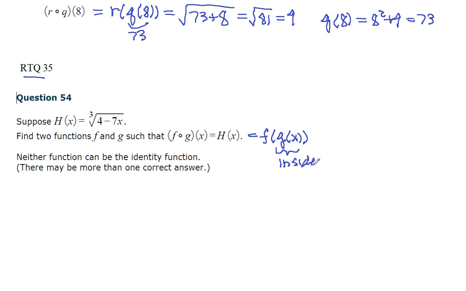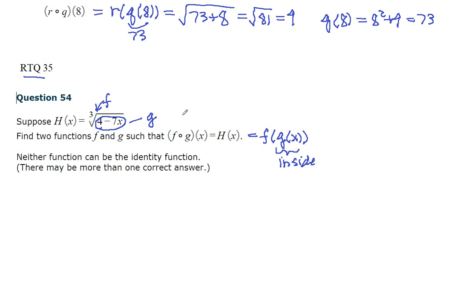And that's the easiest way to see how to break them up. So your inside function here is 4 minus 7x. That's going to be your g of x. So that's your g. And then your outside function, what gets done to that 4 minus 7x is the cube root. That's going to be your f.